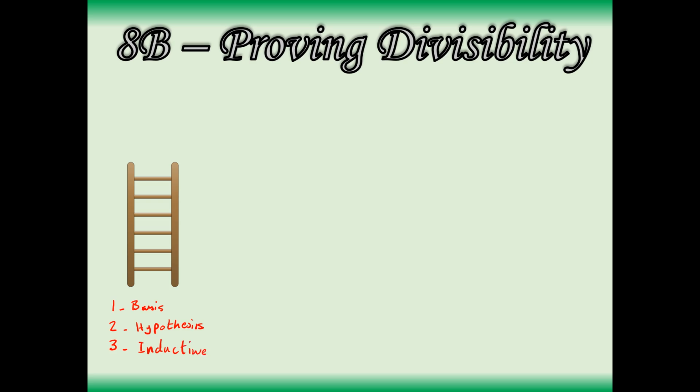But there is a trick with the divisibility rules because the first step is quite simple. You substitute 1 into the formula and you should be able to get a number that proves divisibility. Let's say we've got this function.